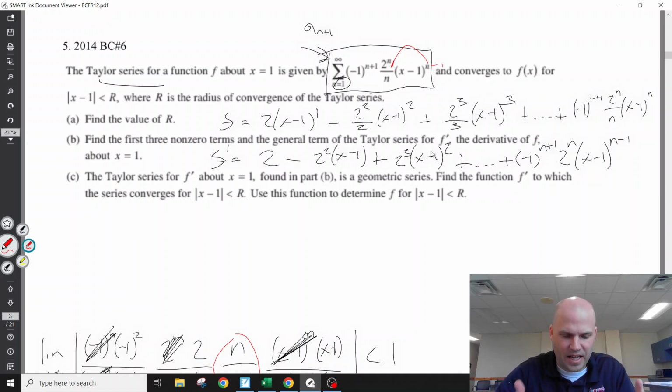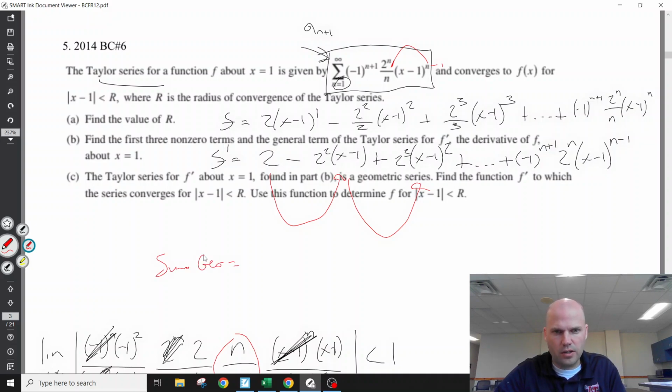Geometric series shows up again. This is like the one sum that you have to know: if you have a common ratio, the sum of a geometric series is my first term over 1 minus r. What's my common ratio? I'm multiplying by 2 and x minus 1.